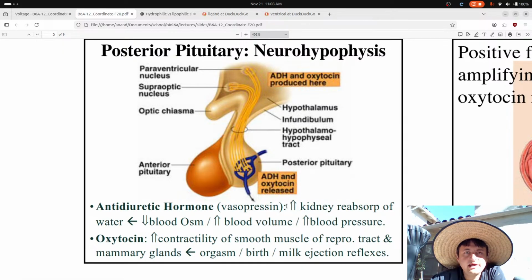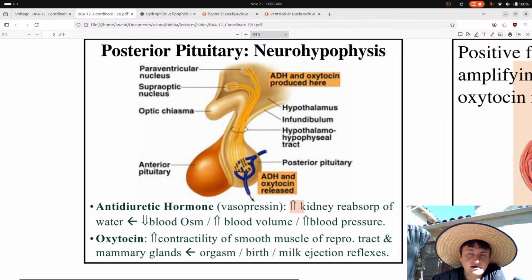ADH causes the aquaporins to form in the collecting duct of the nephron. So therefore, the kidney is going to reabsorb more water, so the blood osmolarity is going to go down, and the blood volume is going to go up, and blood pressure goes up. Okay, good.